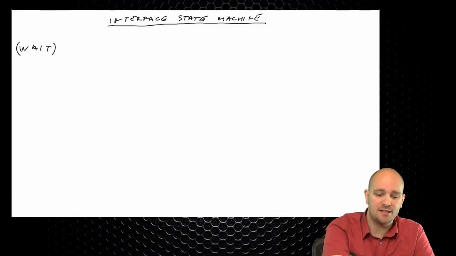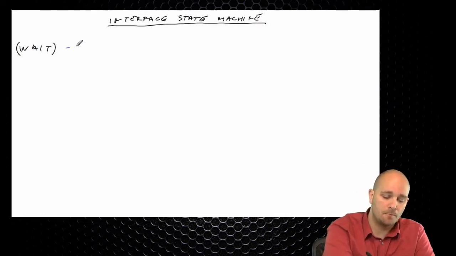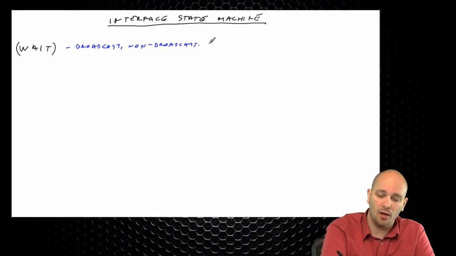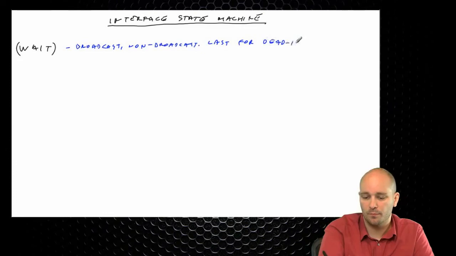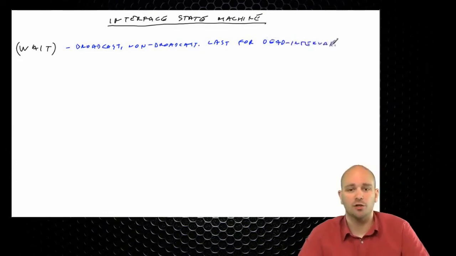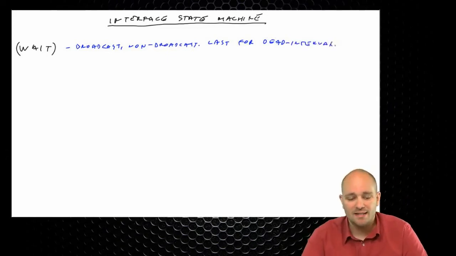Now, the initial wait state will exist on broadcast and non-broadcast networks only, and will last for the dead interval time. So whatever you configure to be your dead interval, this is how long the wait state is going to last for.